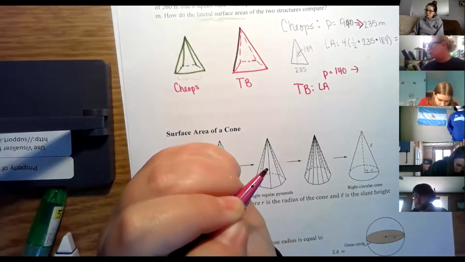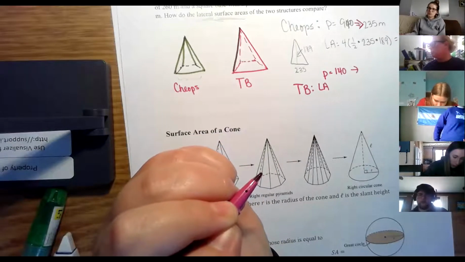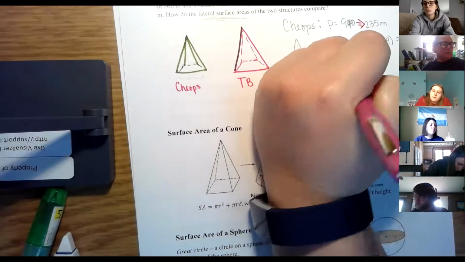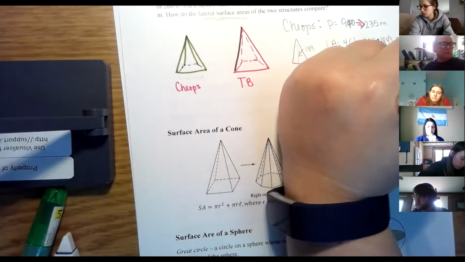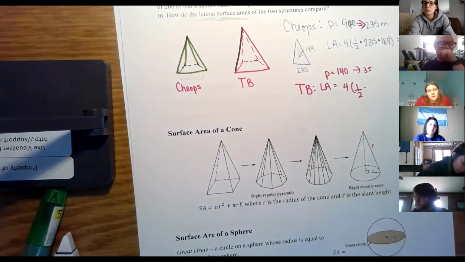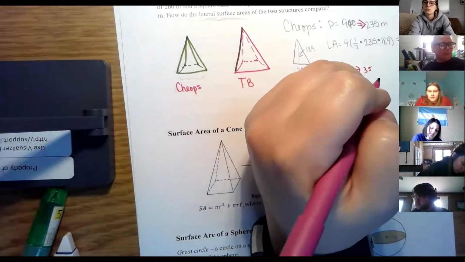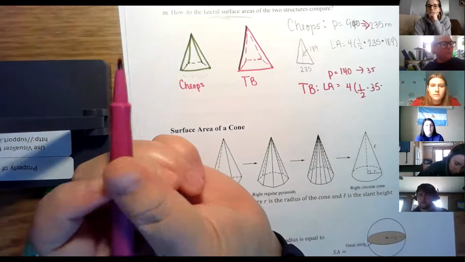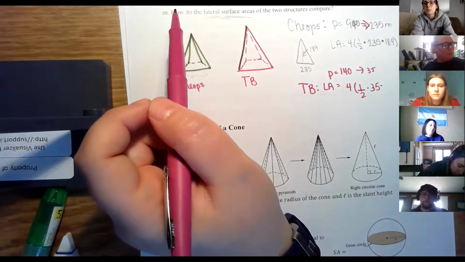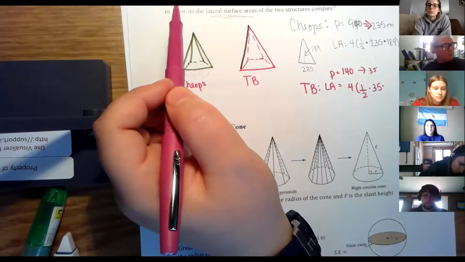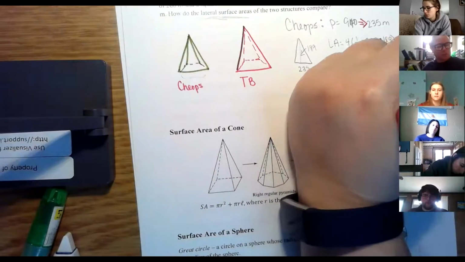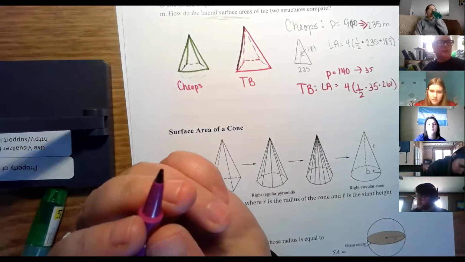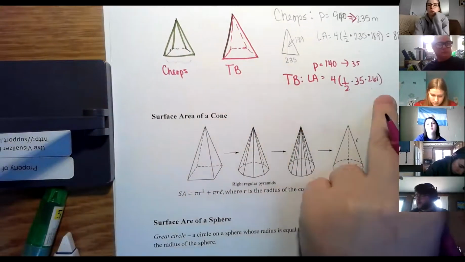Okay, so let's look at that then. 140 divided by 4 is 35. So that's going to be 4 times 1/2 times 35 times, and they gave me the altitude, 261. Yeah, Elsa, that's exactly what I did. My bad, I used the height, not the altitude.